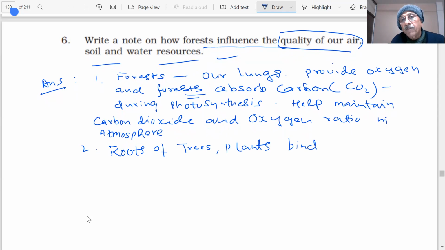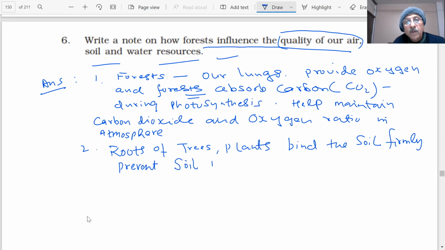They bind the soil firmly. Then what will happen? If the soil is bound firmly, it will prevent soil erosion.